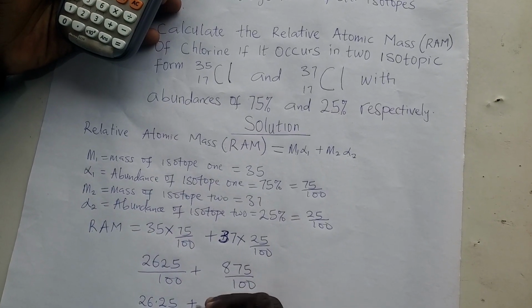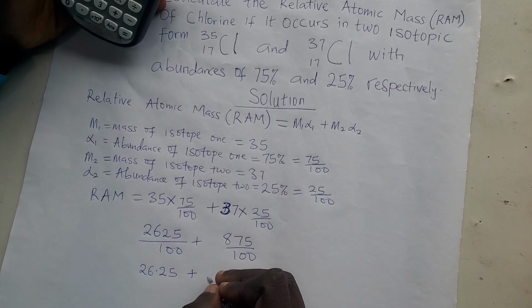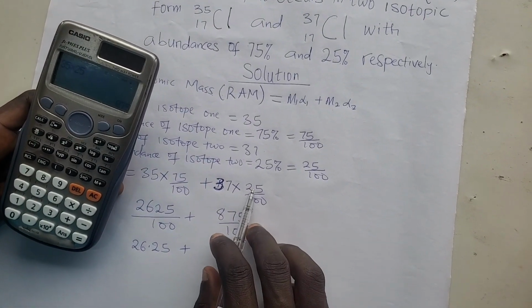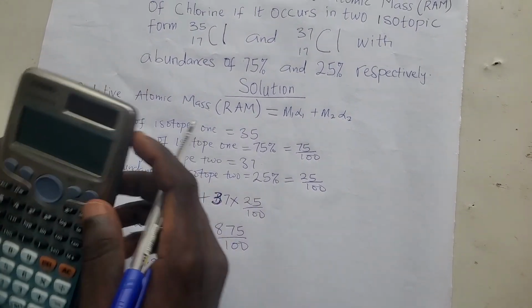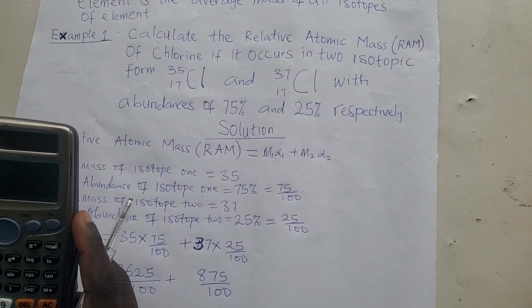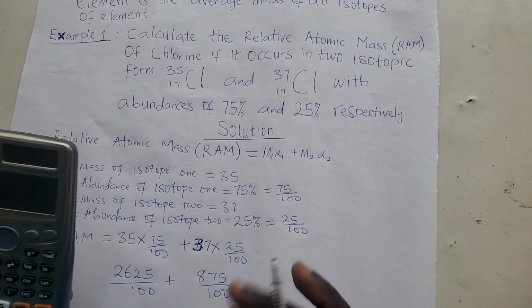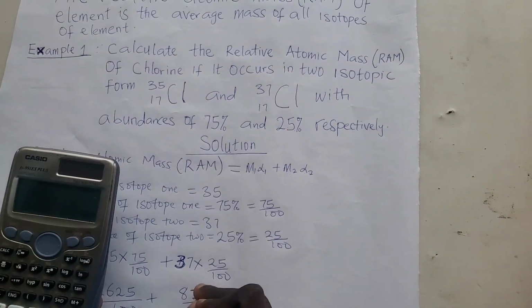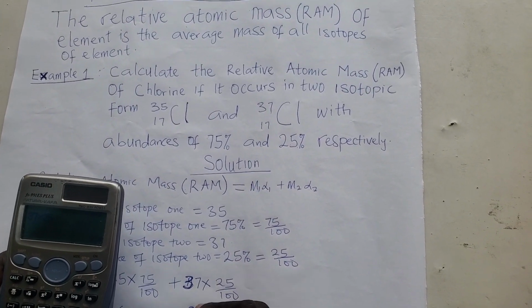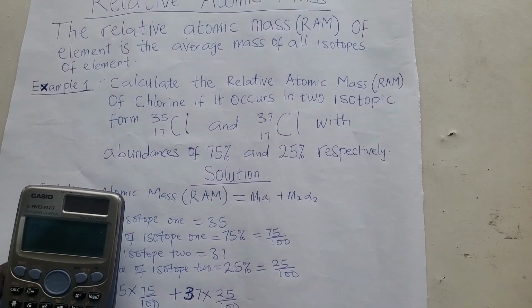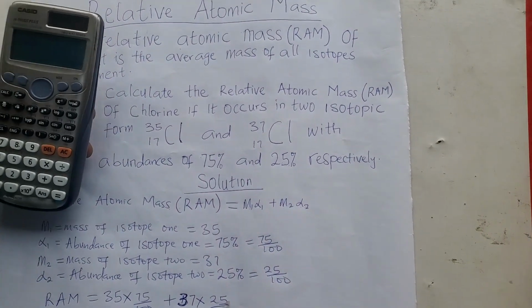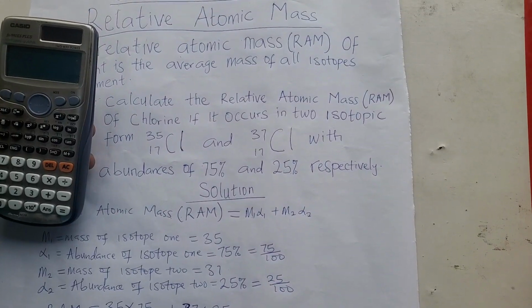Plus, sorry, this is not 35 times 25. It is 37 times 25, which is 925.